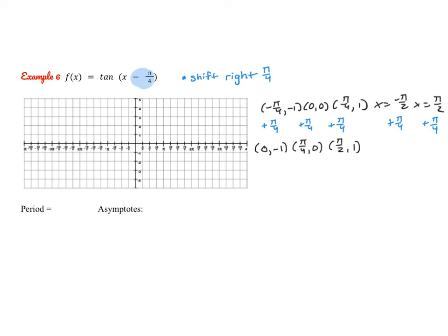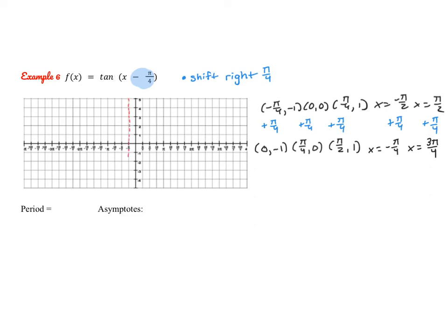So 1/4 pi plus 1/4 pi is 1/2 pi. And then our asymptotes, again, are also going to be shifted. So this one is going to shift to negative pi over 4, and this one is going to shift to 3 pi over 4.